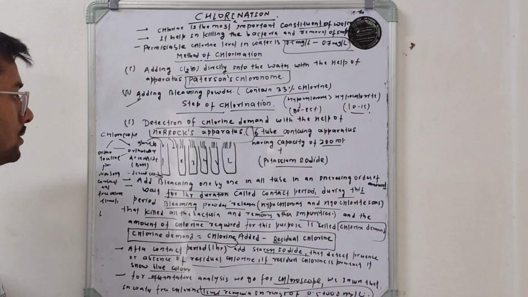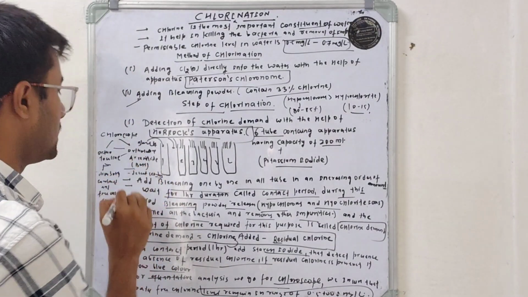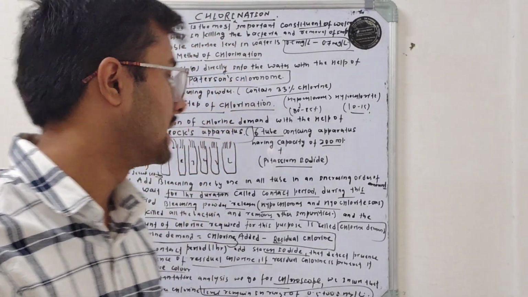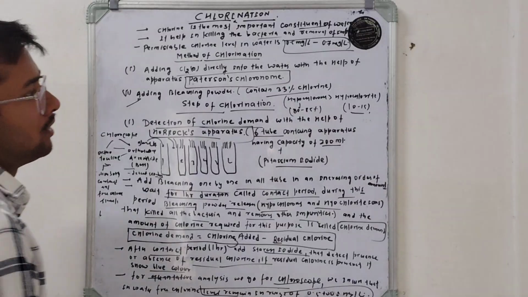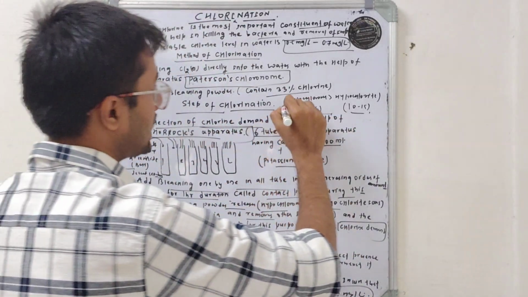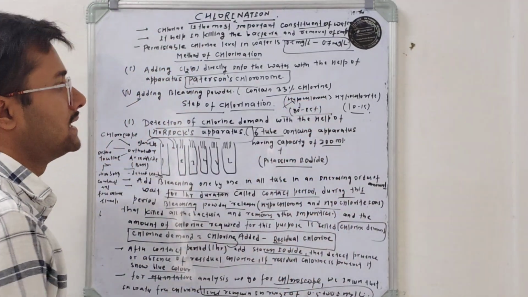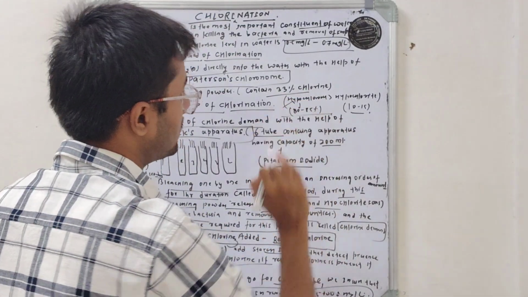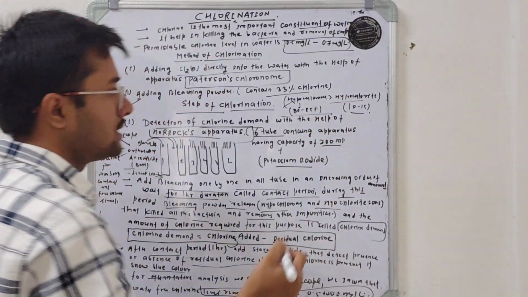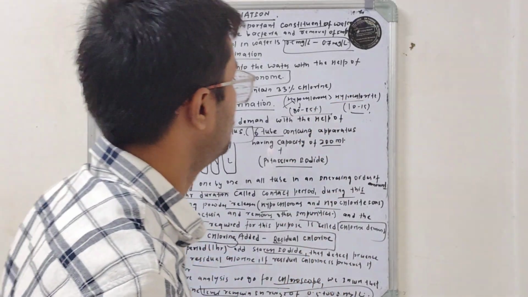Another is the orthotolidine arsenite test. It is the best because it can detect both combined and free chlorine separately. One important point is that hypochlorous acid has more strength in killing bacteria, 80-85%. Hypochlorite is less effective, 10 to 15%.